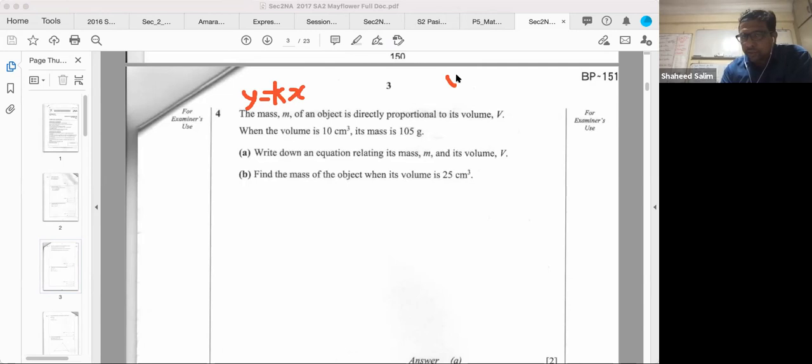Inverse proportion is this formula. So you're using this one now, they tell you it is directly proportional, so use this formula. You must find out what k is. Put in the value of y, put in the value of x, find out what k is, and then you will have the answer for number 1. y equals k times x.